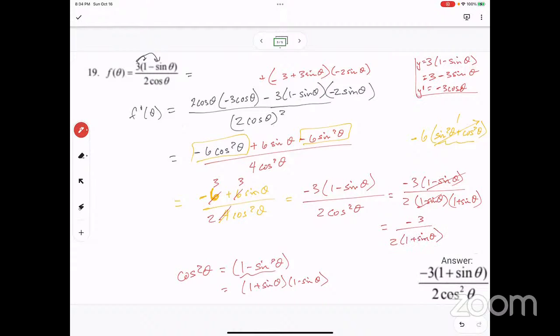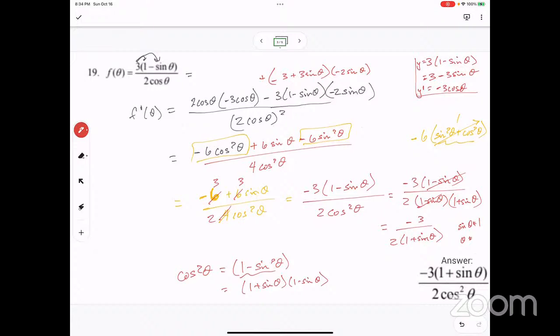Oh wow, that's even more simplified than his. Yeah, and you'd have to stipulate that sine theta could not equal 1, because then you would have a 0 in the top or the bottom. So that means that theta cannot equal.